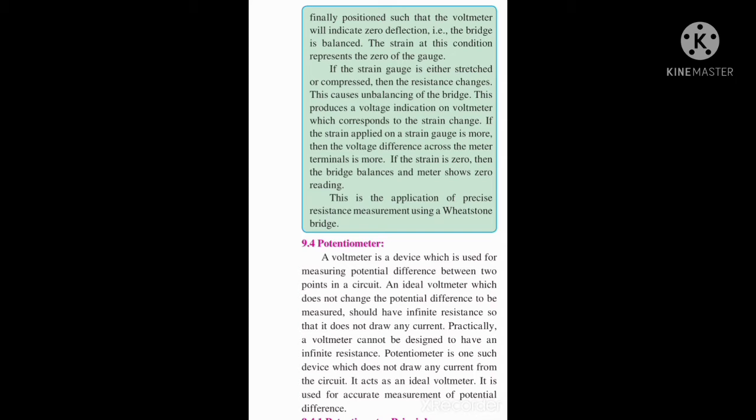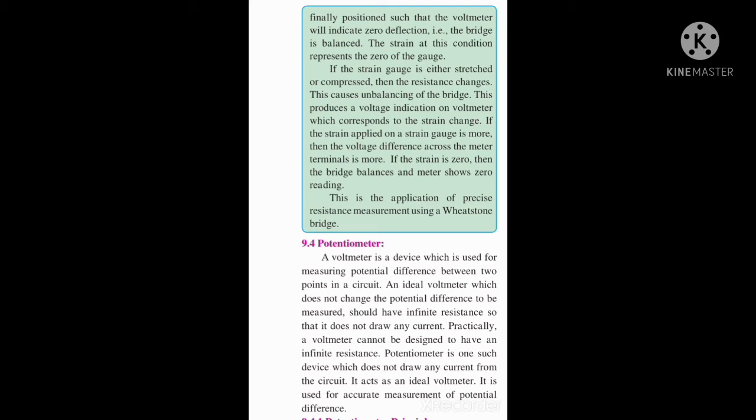If the strain gauge is either stretched or compressed, then the resistance will change, and this causes a change in the bridge condition. Means the bridge is unbalanced. This produces a voltage indication on the voltmeter which corresponds to the strain change.